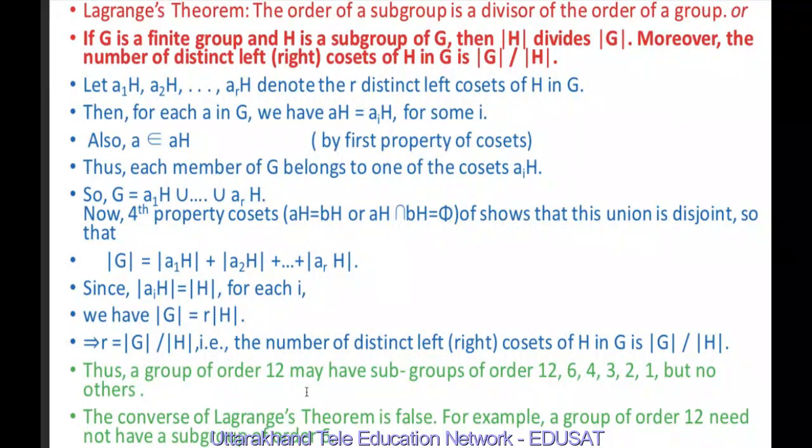Thus, a group of order 12 may have subgroups of order 12, 6, 4, 3, 2 and 1, but no others, because the order of a subgroup is a divisor of the order of the group. The converse of Lagrange's theorem is not true, because a group of order 12 need not have a subgroup of order 6.